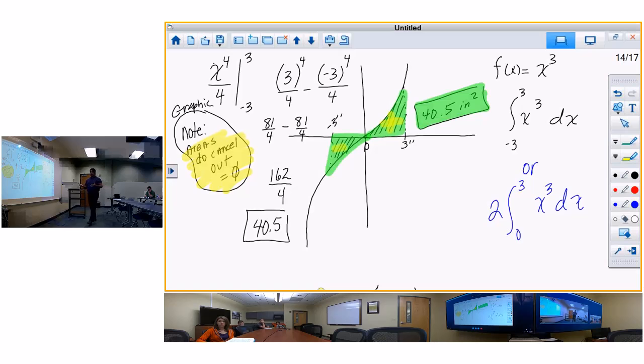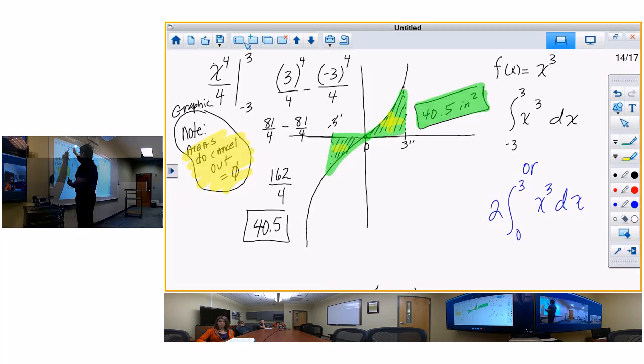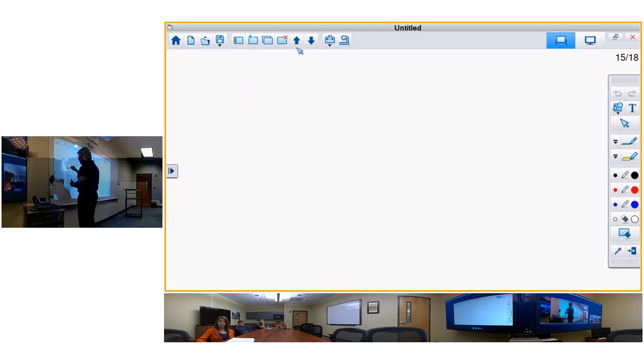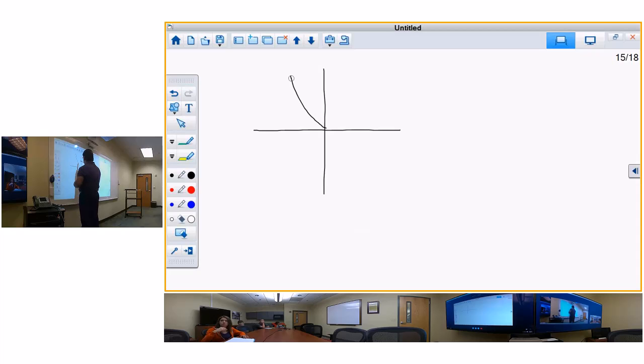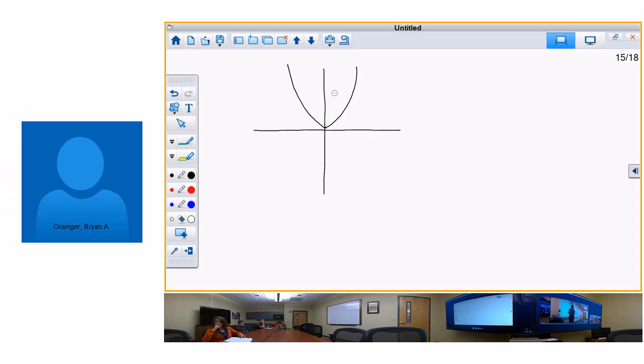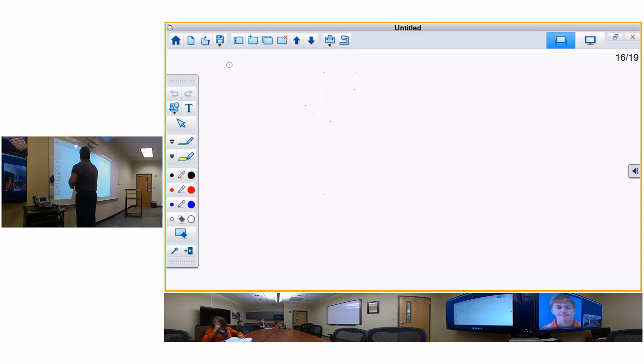Now the reason I showed this example is because of that, but a good example of an area under the curve would be like this. Well, no, not that one, because that's the same one. Hold on.